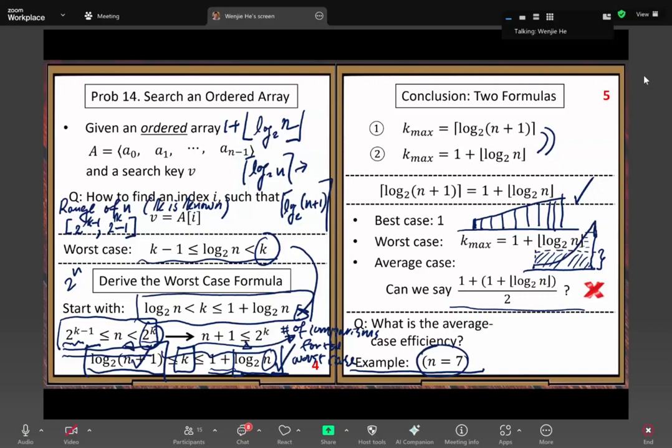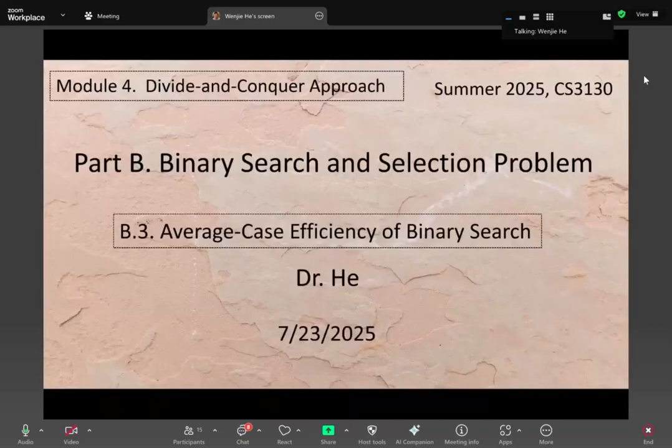All right. So next, B.3, let me show you how to find the average case efficiency of the binary search. But we only do a special example, n equals 7. Then in your homework assignment, you will do a relatively harder one, n equals 20 something.